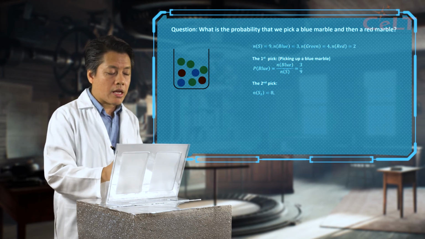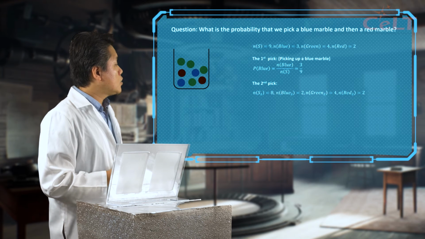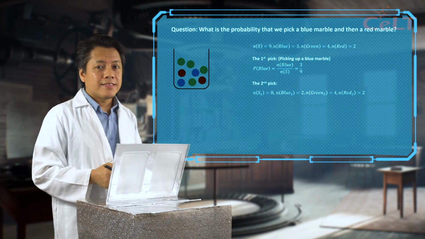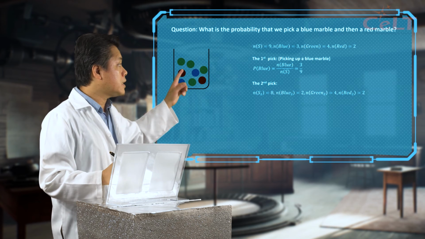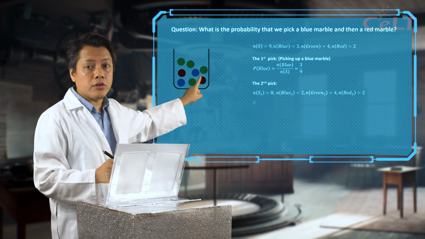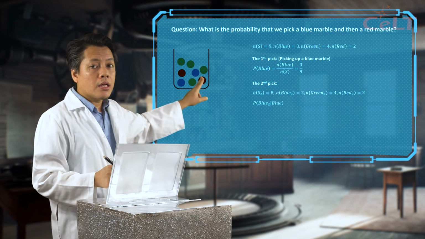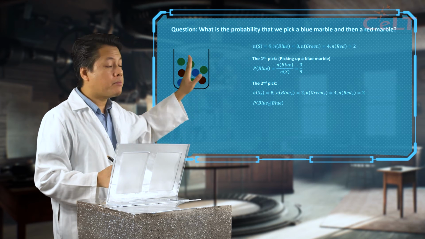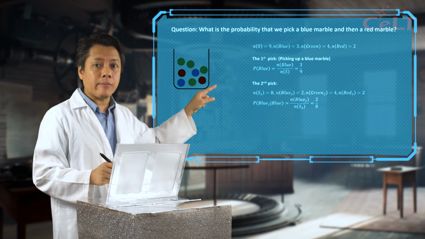Now take a look at the number of possible outcomes to pick blue, green and red. The possible outcomes to pick a blue marble have reduced from 3 to 2, but the rest remain. The probability that we pick a blue marble in the second attempt is denoted by this symbol. It says: what is the probability that we pick another blue after we have already picked one blue in the first attempt?